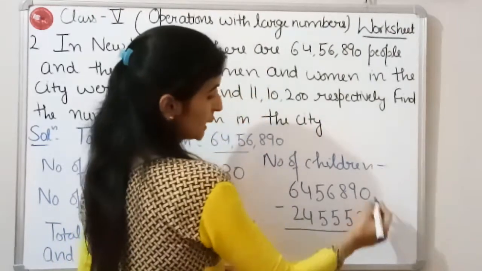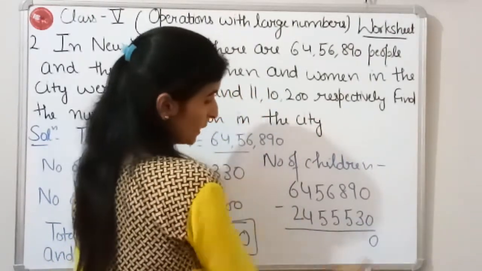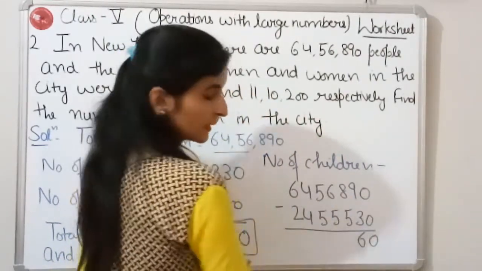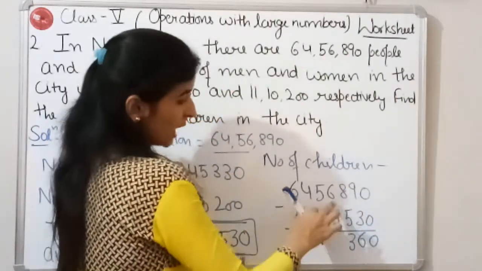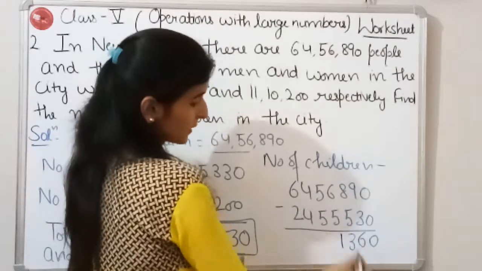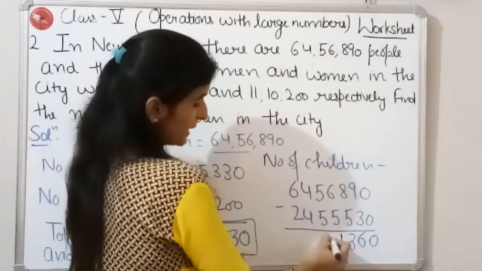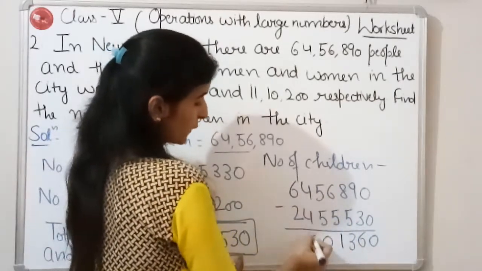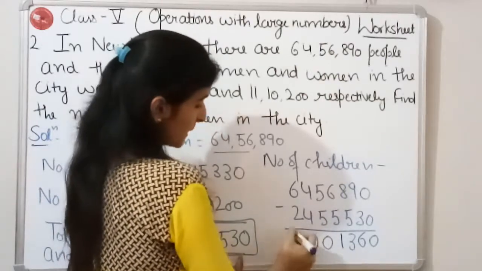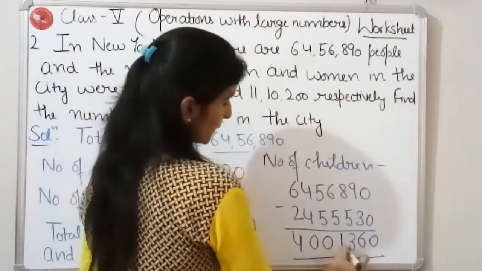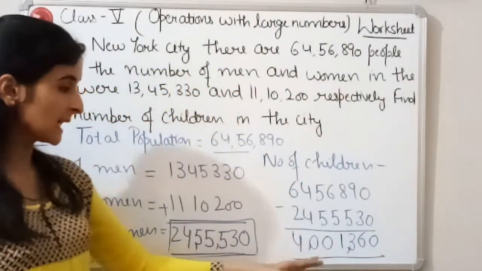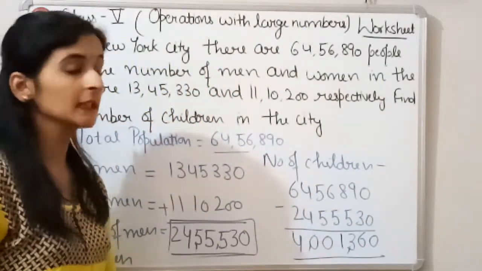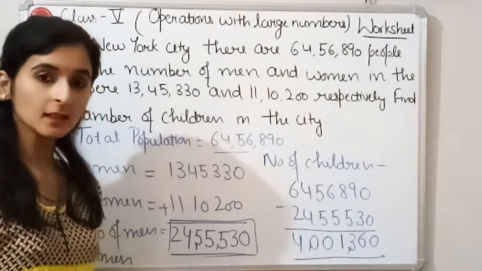Fine. So 0 minus 0 is 0. 9 minus 3 is 6. 8 minus 5 is 3. Now 6 minus 5 is 1. 5 minus 5, 0. 4 minus 4, again 0. 6 minus 2 is 4. Okay. So it means there are 4,01,360 children in the city.